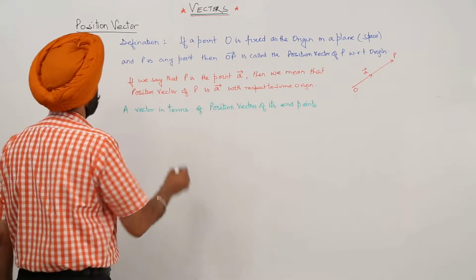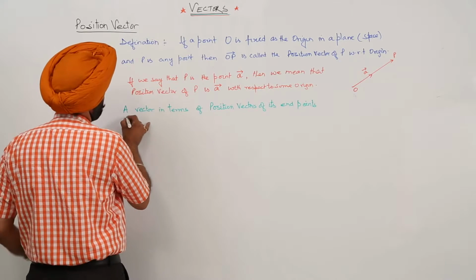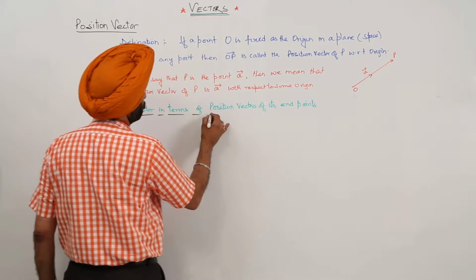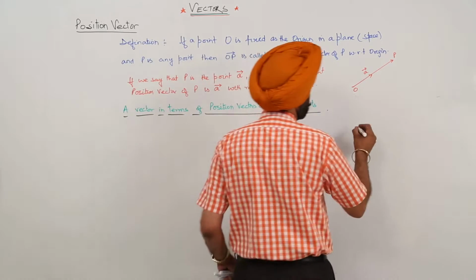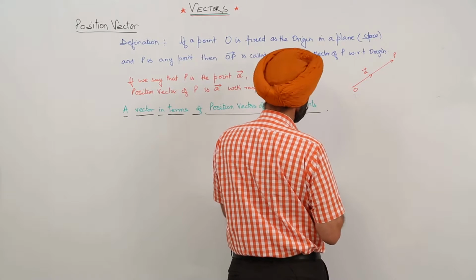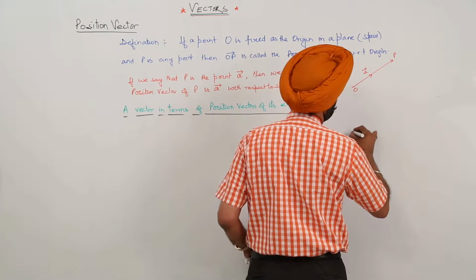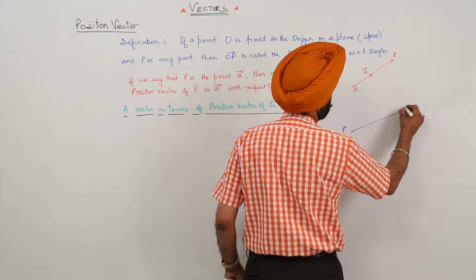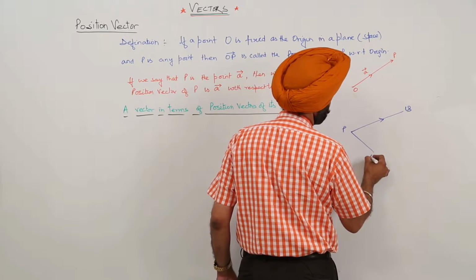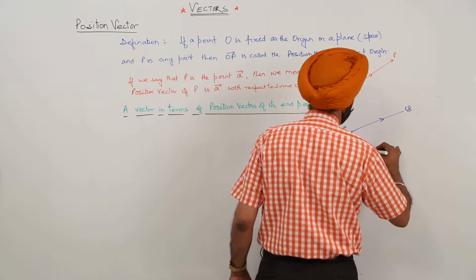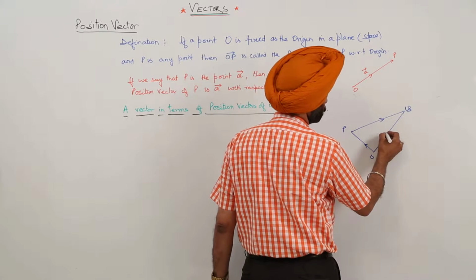Suppose we are having a figure with points P and Q, and let this be O, with this direction.